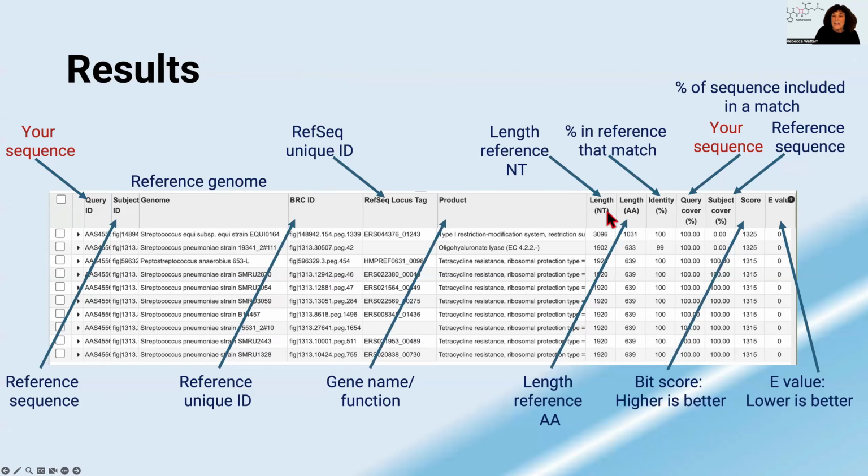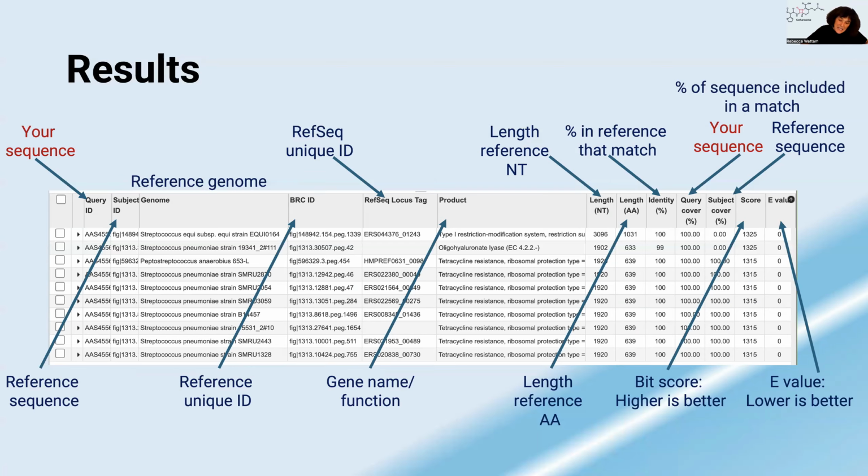The length is the length in nucleotides of the subject within the reference data. It shows you it in nucleotides and also in amino acids. And then the percent identity is the percent in the reference that matches your sequence. So now we get to coverage.